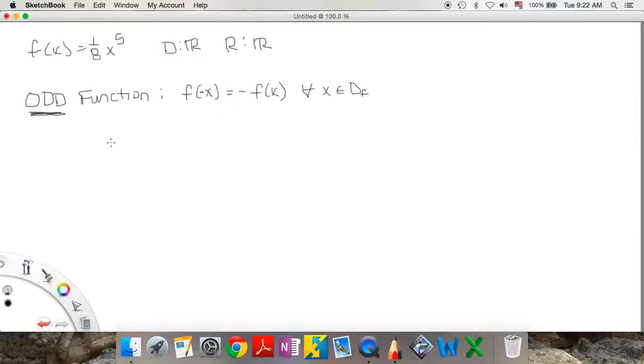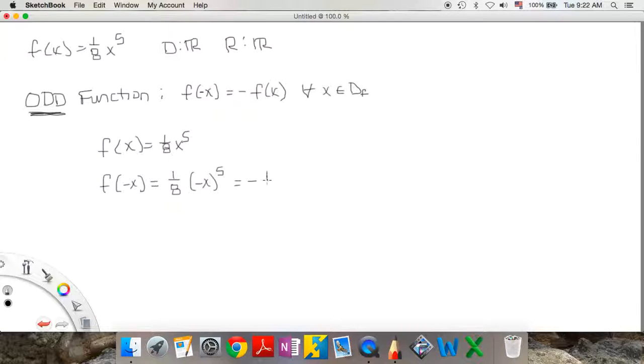So for this case here, f of x equals 1/8 x to the 5th. Well, what's f of negative x? 1/8 times negative x to the 5th. Well, if I have negative to the 5th power, you're going to end up with a negative, because negative times negative is positive, times negative is a negative, times negative is a positive, and one more negative makes it all negative.